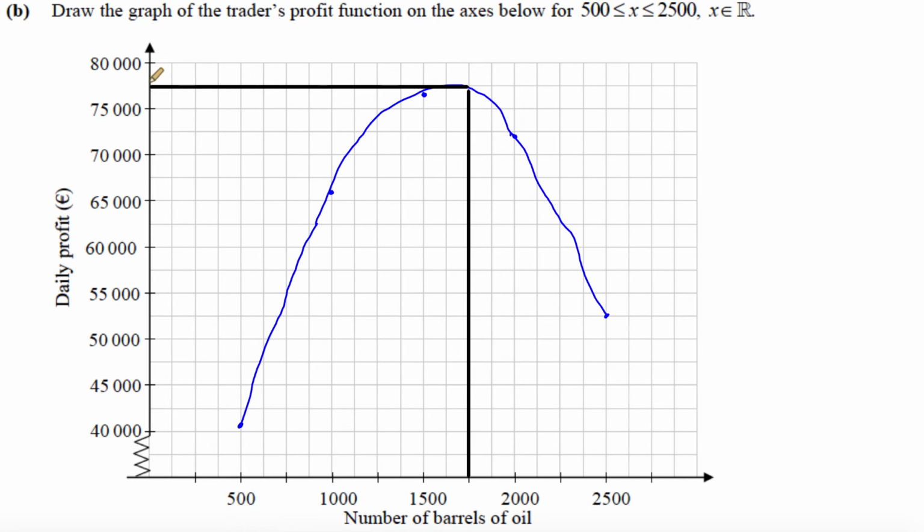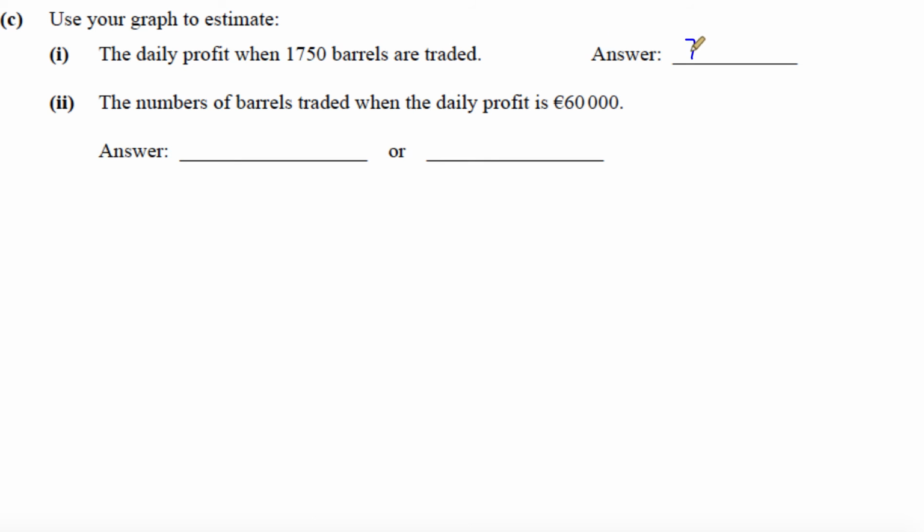So we're looking at a value of about 77,500, roughly. Now your value may be different to mine, your graph might be more accurate than mine, but somewhere in that region. And it's whatever is correct according to your graph.